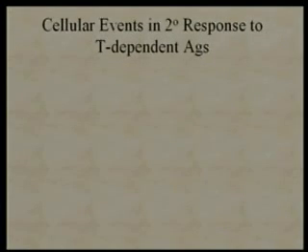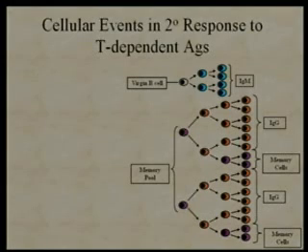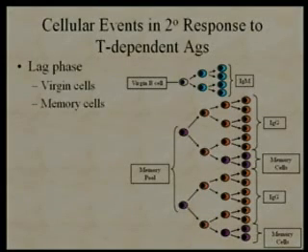So after a secondary exposure to the antigen, what you see in the lag phase, yes, there are some virgin or naive B cells, cells that have never encountered antigen before that have been generated. So these cells can be stimulated, and yes, you can get some production of IgM from those cells. But the bulk of the response in the secondary response is not coming from those virgin or naive B cells.